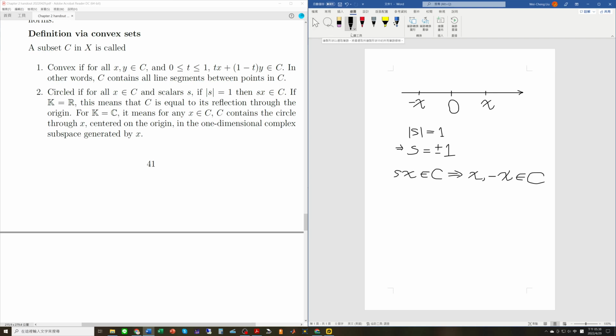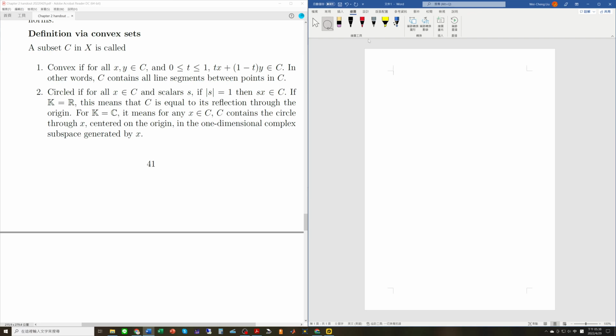Let us clear this. Let me draw a graph for you.